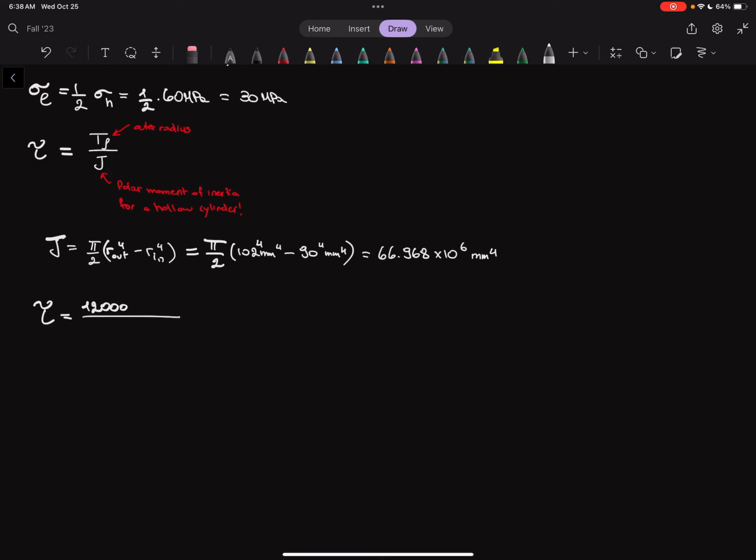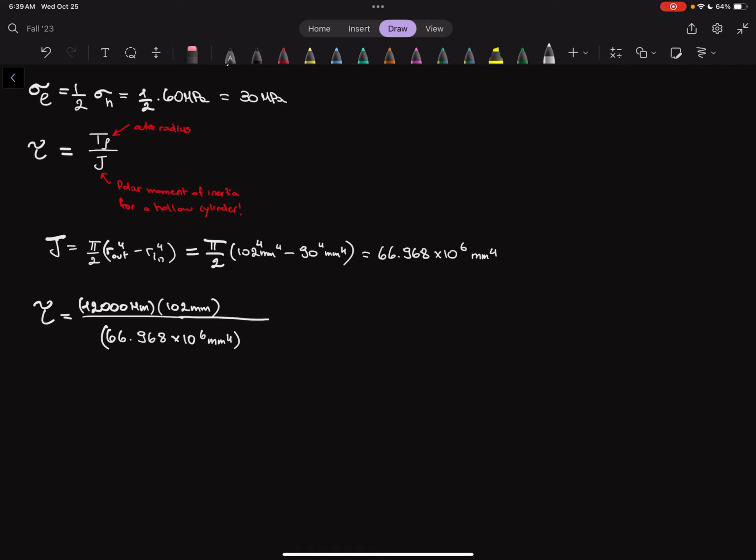So now tau is going to be 12,000 newton meters times the outer radius, 102 millimeters. The bottom, we're going to have pi over 2 times 102 to the 4th minus 90 to the 4th, which we did: 66.968 times 10 to the 6 millimeters to the 4th.